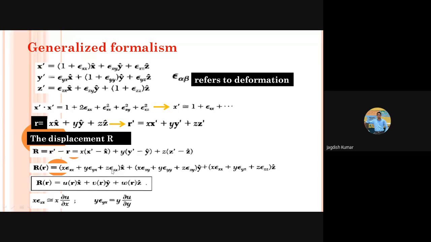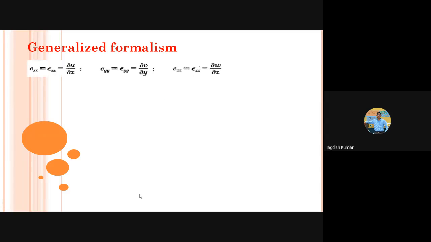So that is how we define these, you can call them epsilon xi's, or epsilon 1, 2, you can say. These are related to your strain parameters, u, v, w.